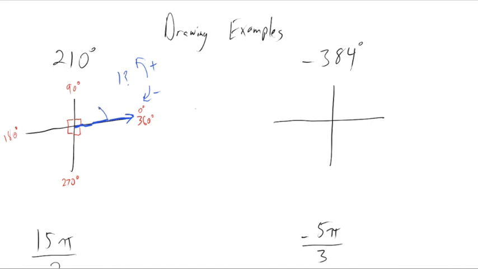When you are drawing these angles, you're just making a rough sketch. The important piece is this blue piece that shows the rotation. This blue thing is 210 degrees that we rotated positively starting at the positive x-axis, and we ended up somewhere over here in the third quadrant.